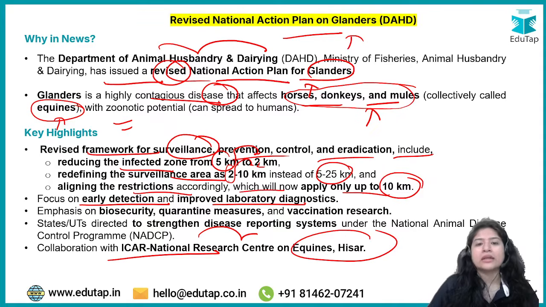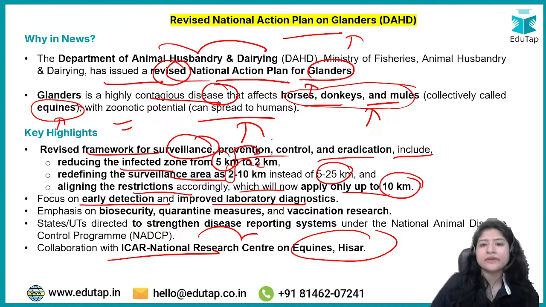ठीक है। And the focus has been, yes, definitely one thing, because this is a contagious disease, right? And it also has zoonotic potential, it can be transferred to humans. And secondly, currently these yatras are going on, Amarnath yatra and everything, so equines are used a lot there, right?